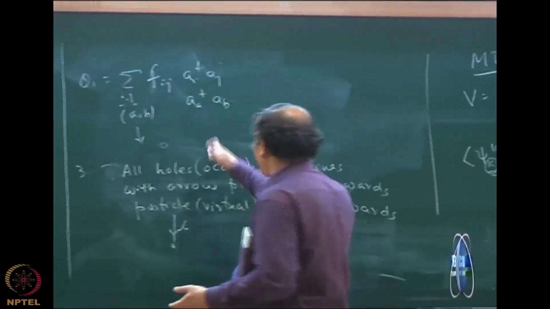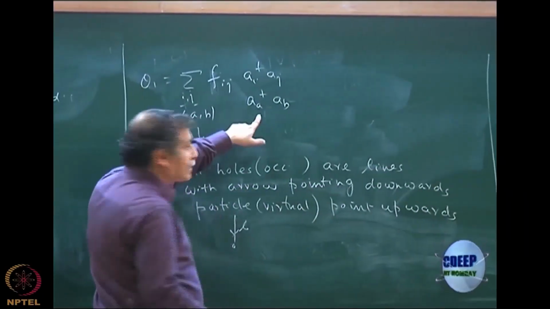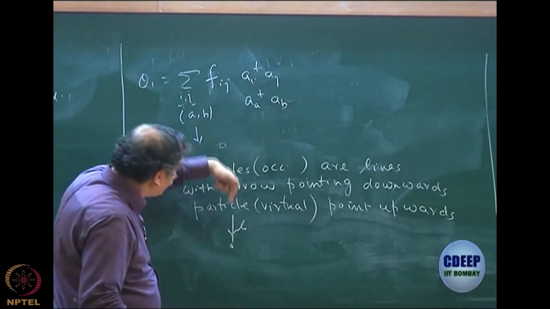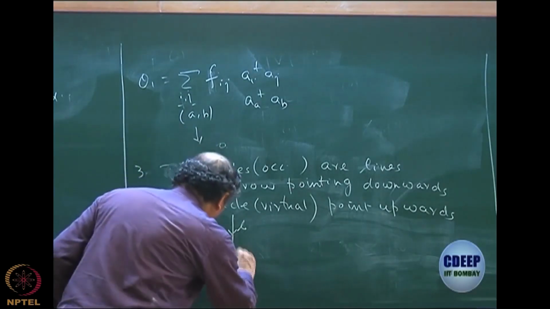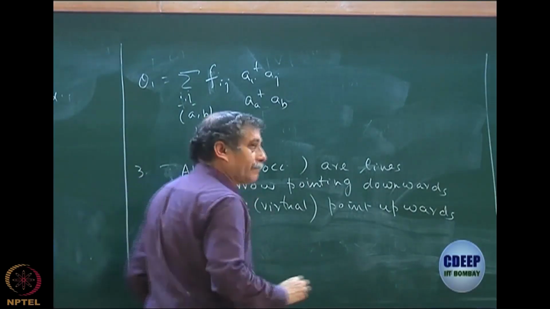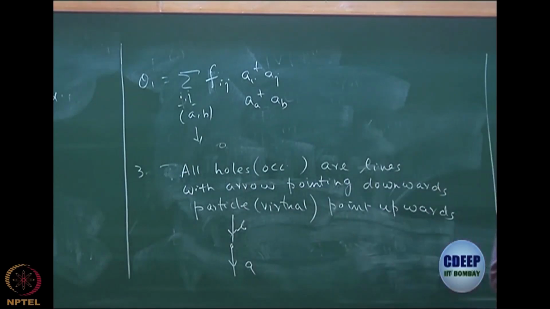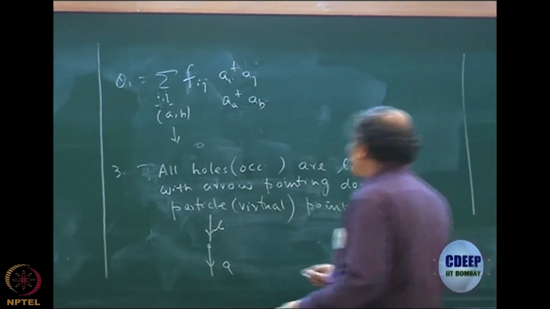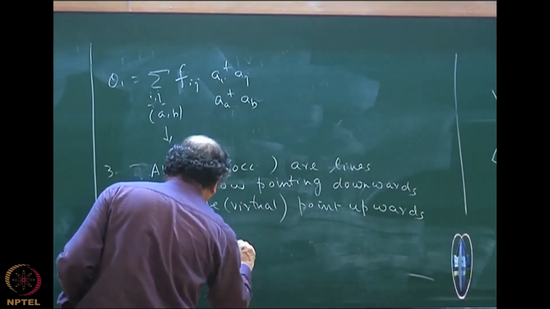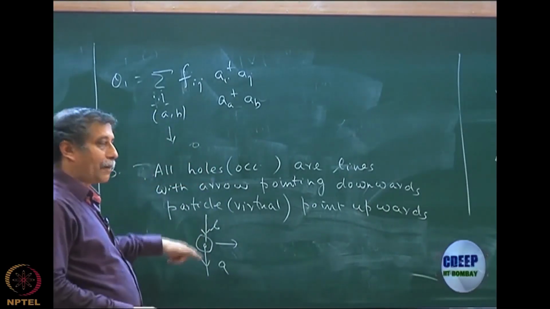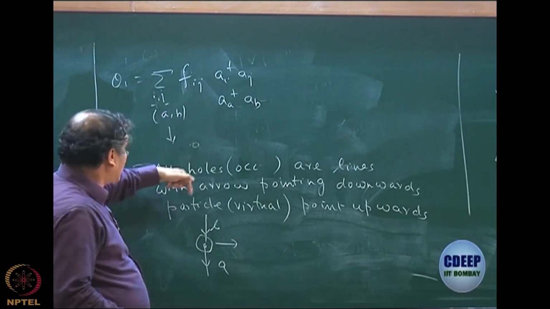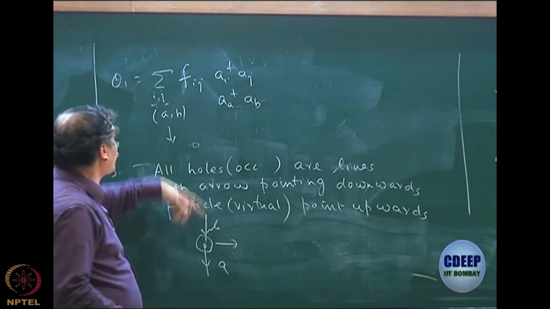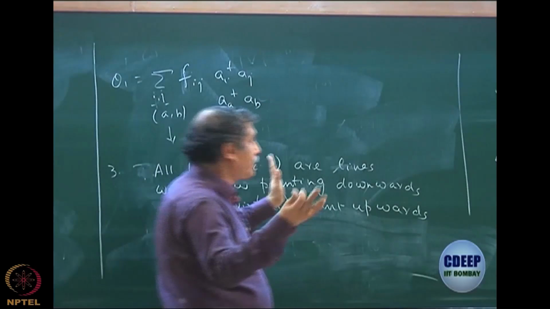Then I have a dagger. This a is also occupied, so the line again should go down and it should go away from the vertex. So obviously it should be like this. And this should have a matrix element attached. Every time I have an operator like this, I have a matrix element attached. The matrix element will connect these two lines, whatever is the value of the operator.